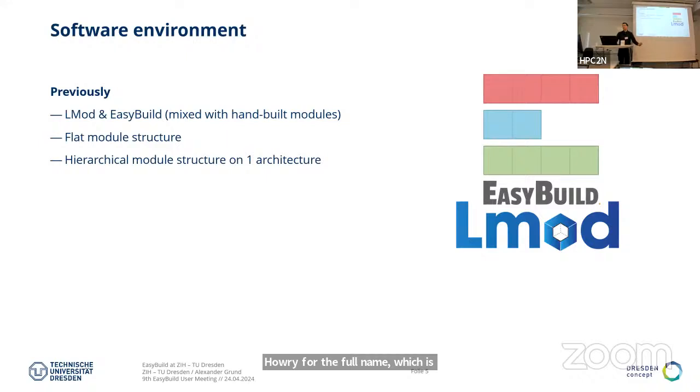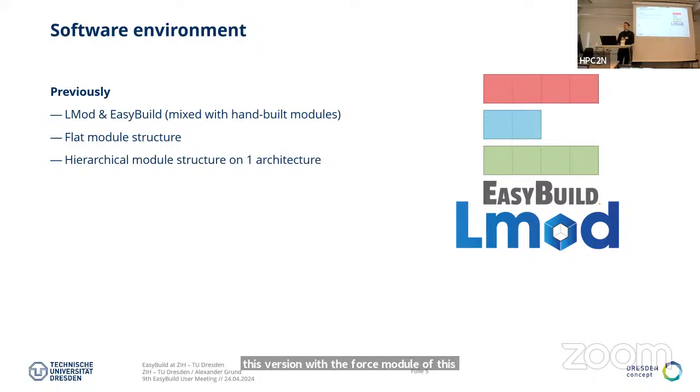And of course, we're using EasyBuild and Lmod. Previously, we had some hand-built modules, so the module file itself was handwritten. We don't do that anymore. Also, previously, we used the flat module naming scheme, but we found it more and more difficult to explain to users that they have to use the GCC core module with this version, with the foss module of this version.